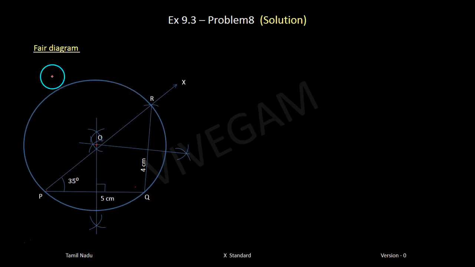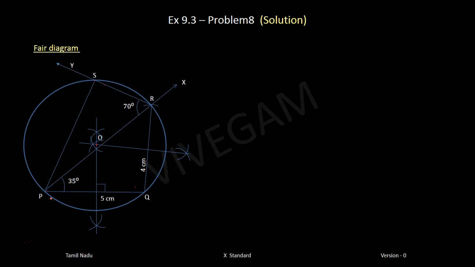So draw a line RY such that it makes an angle 70 degrees with PR. And this line intersects the circle at one point, and this point is S. Now join PS, and the required PQRS is the required quadrilateral.